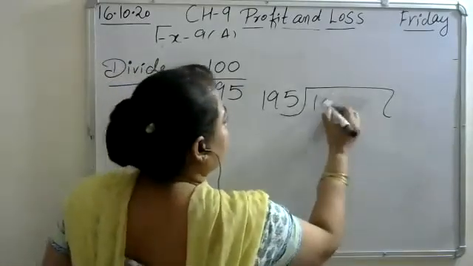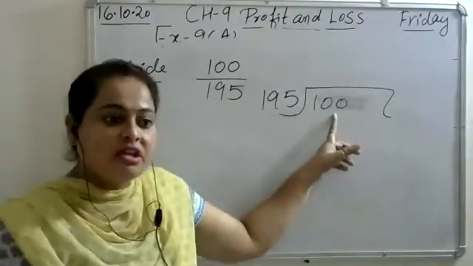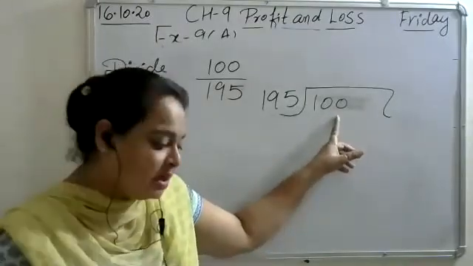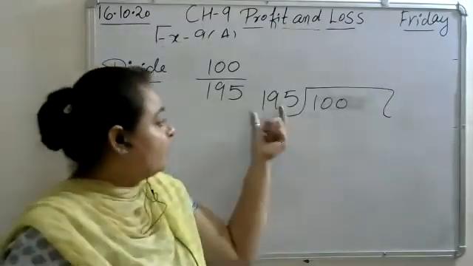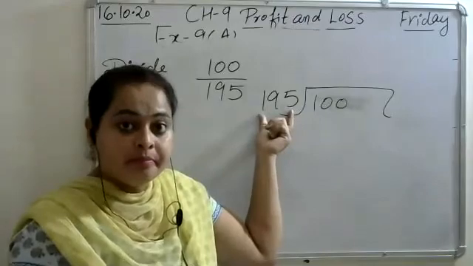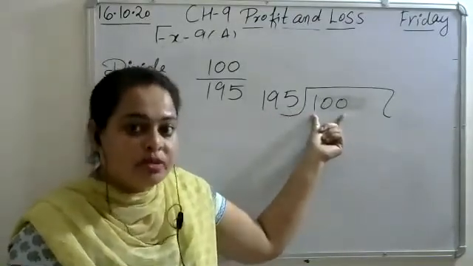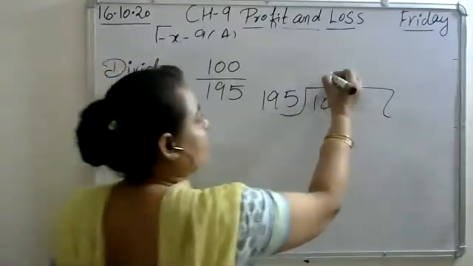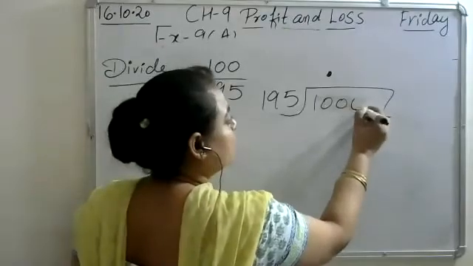Now, is direct division possible or do we need a decimal? Yes, Mehak, very good. No, because the divisor is bigger and this is smaller. So direct division is not possible. We will put here a decimal, and with the decimal we get 10.